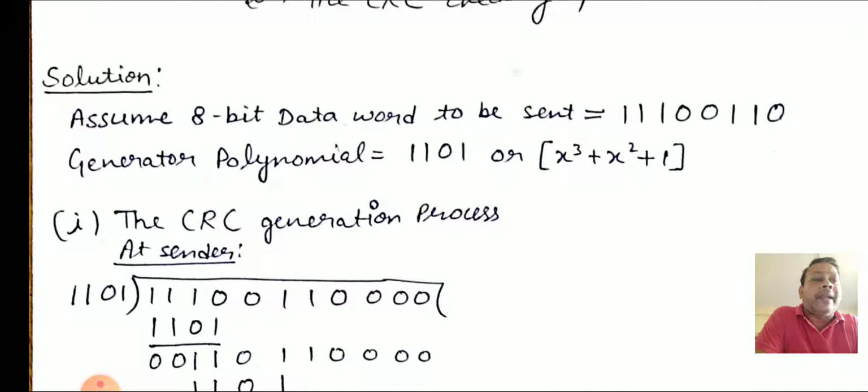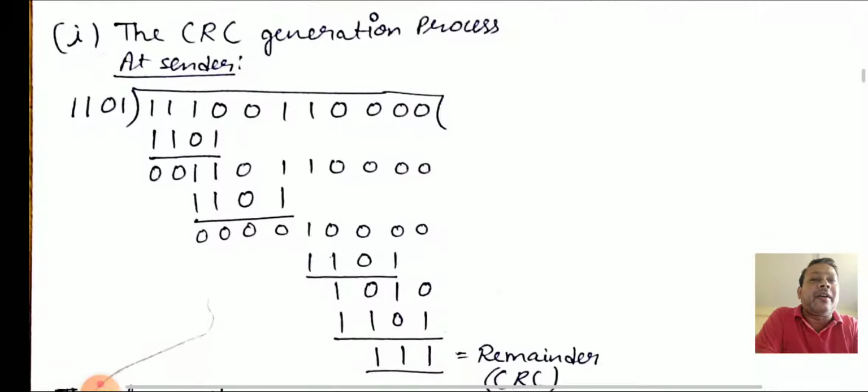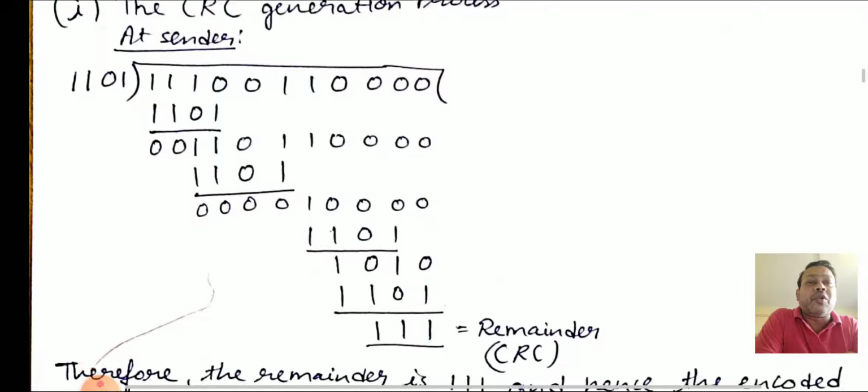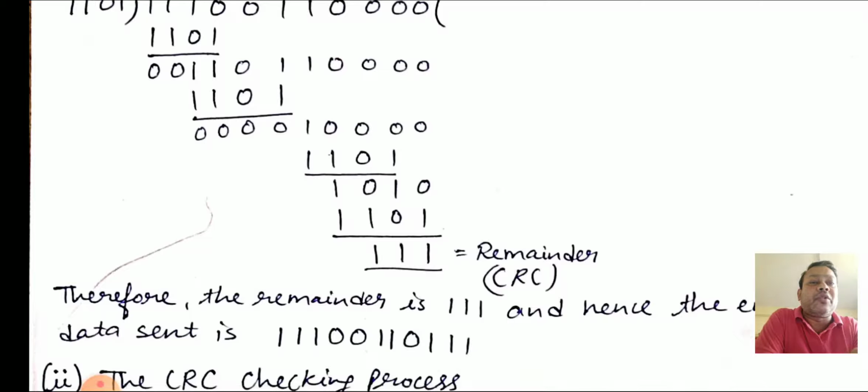Now let's find the remainder of this entire process. We are going to divide this big number by the generator 1101, and ultimately we get the remainder 111.